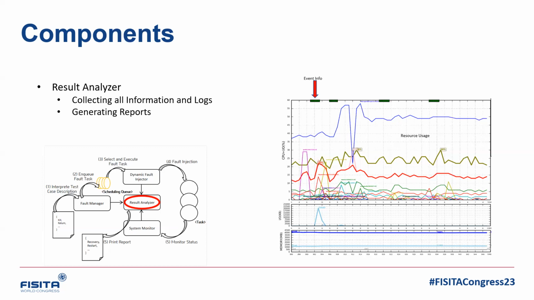Furthermore, the report showcases the overall resource usage, throughput, the testing period, and displays the executed test cases and commands as events. Please refer to the graph on the right, which illustrates the CPU, I/O, and memory usage over the entire testing duration. The green boxes at the top indicate specific event occurrences.